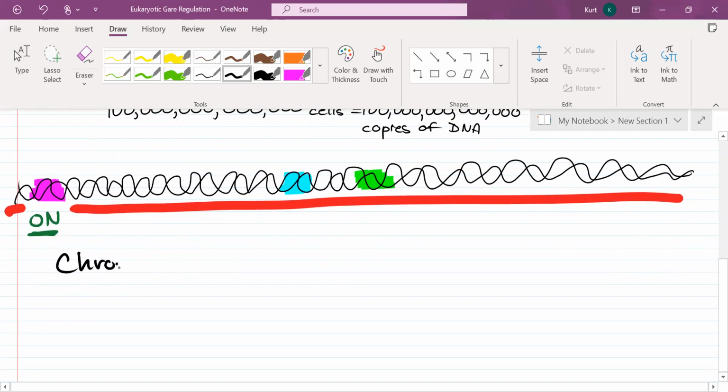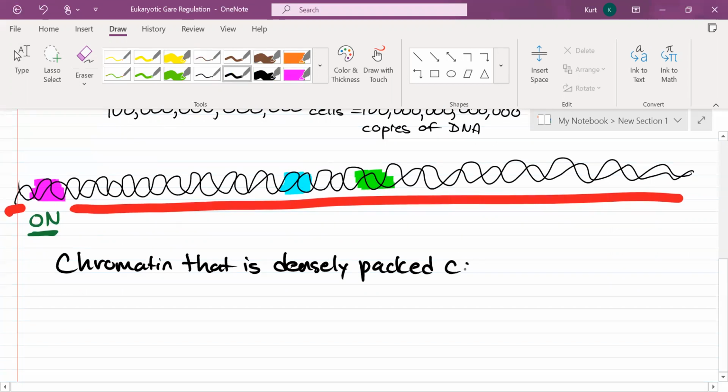Chromatin that is densely packed cannot be transcribed by, and I think I've come a little short in telling you guys what this enzyme is, so maybe I'm wrong.